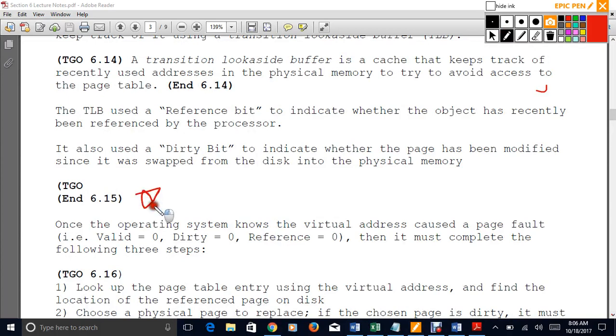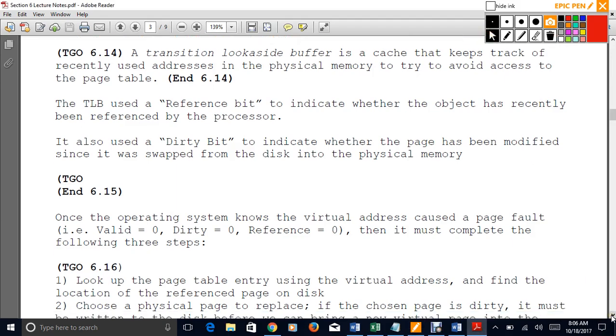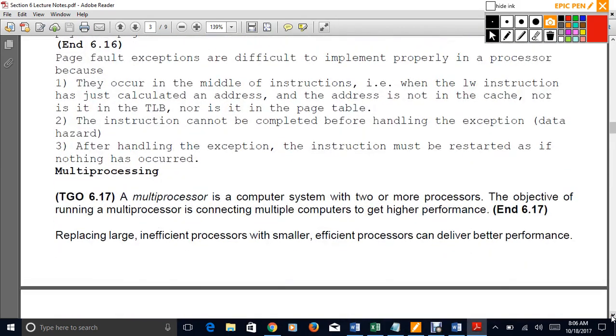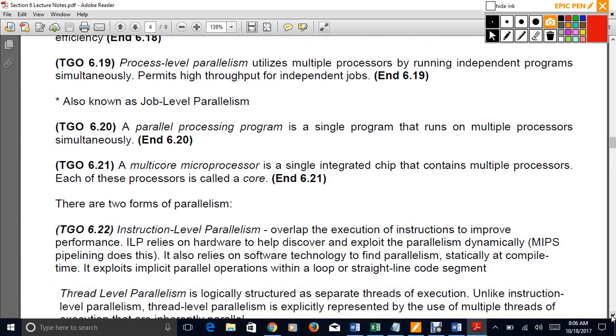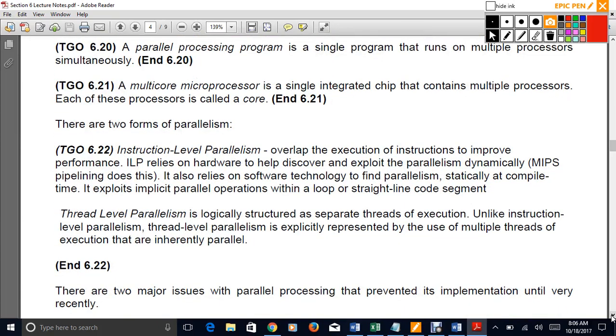The .15, the one that I provided for you, I expect that one's going to be on the exam. And then I expect you to be able to define and differentiate between instruction level parallelism and thread level parallelism.